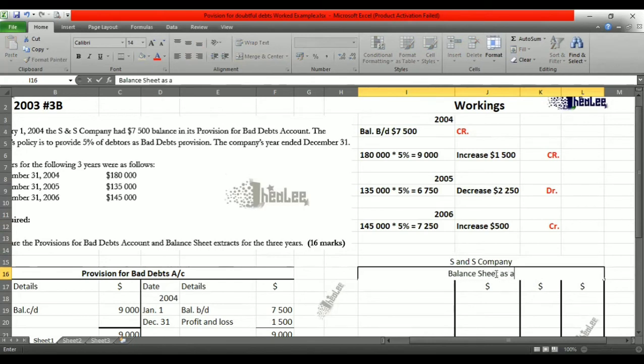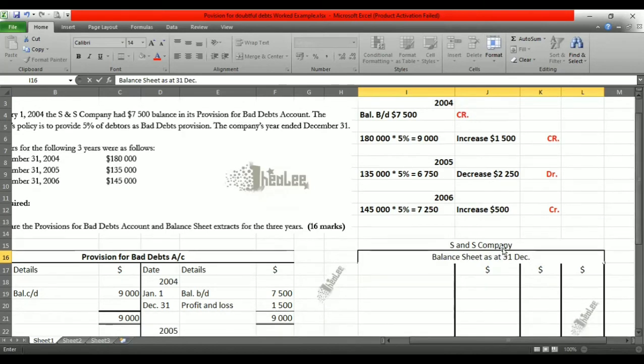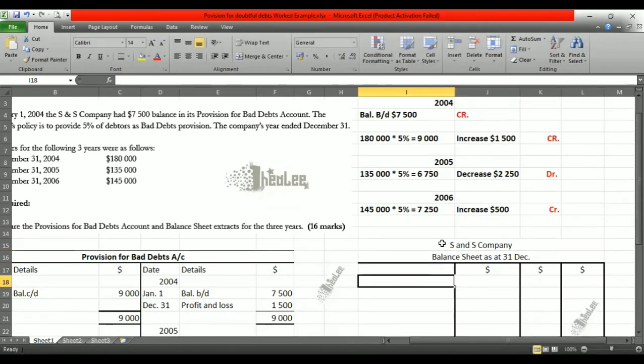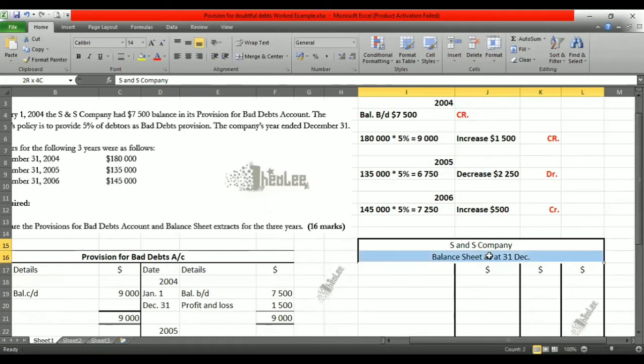And that is as at 31st of December. We're not going to enter the year right there, because we're working with 3 different years and we want to capture all of that.